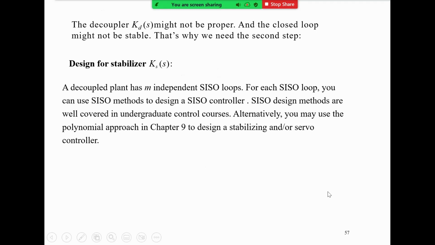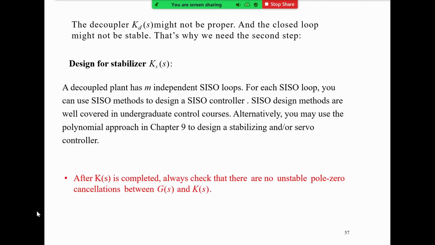We discussed the details last week, in Chapter 9. The servo control involves two parts: servo mechanism plus stabilization. Then after KS is complete, always check there are no unstable pole zero cancellations. If it involves unstable pole zero cancellation, it will not work.